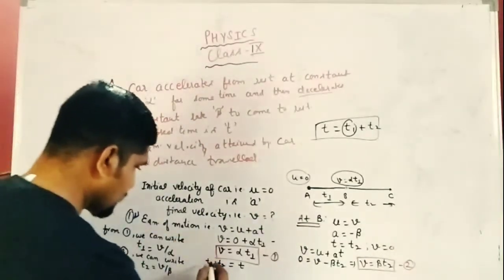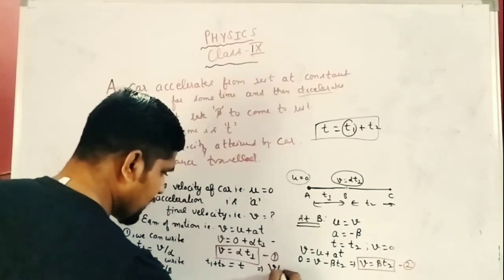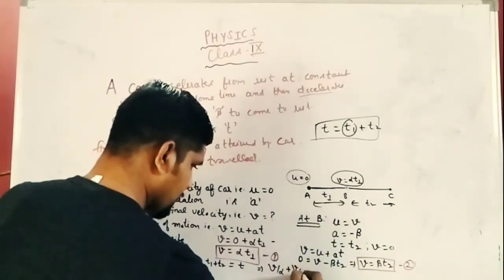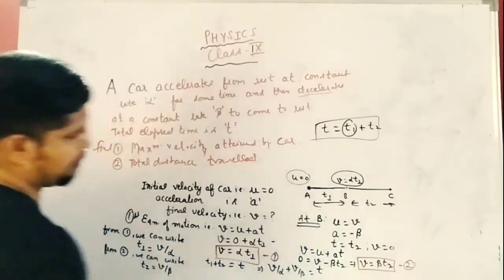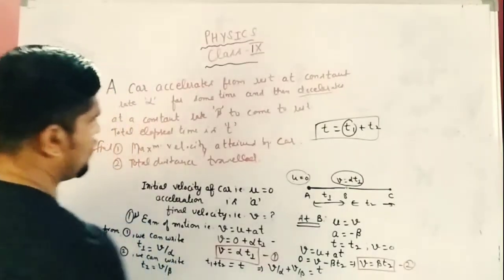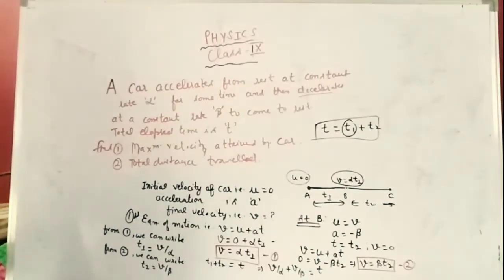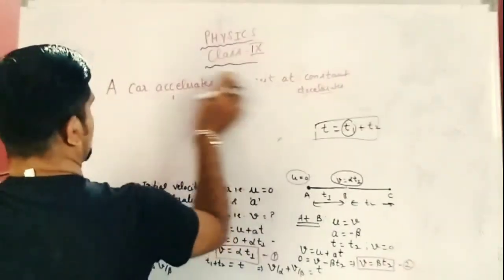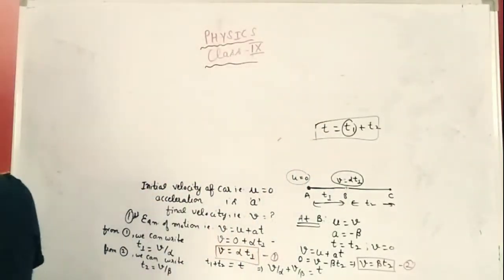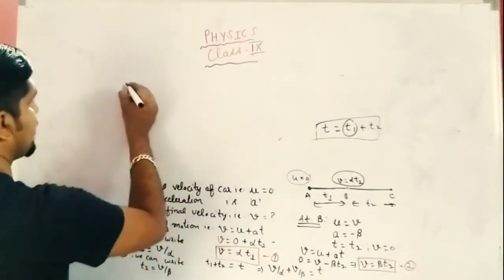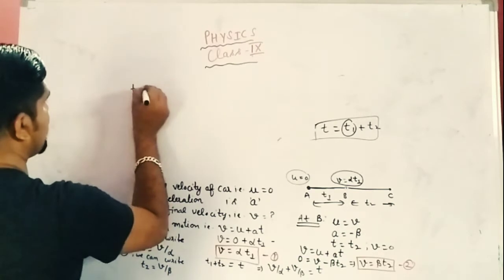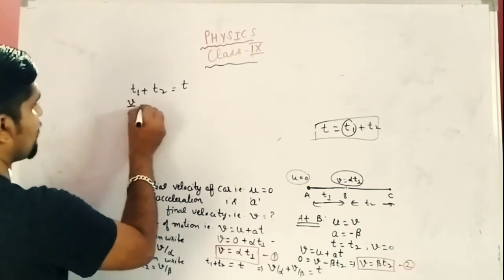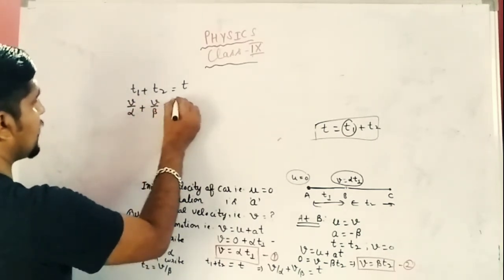So t1 is v by alpha, t2 is v by beta, and t1 plus t2 is equal to T.